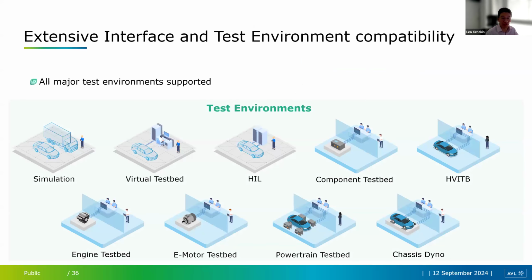It's just a list of all the environments which are supported. It's worth mentioning here that there are tools which are, of course, very good in simulation, or have been optimized to work in a more physical environment. Very few tools out there, I think, that span these quite seamlessly.